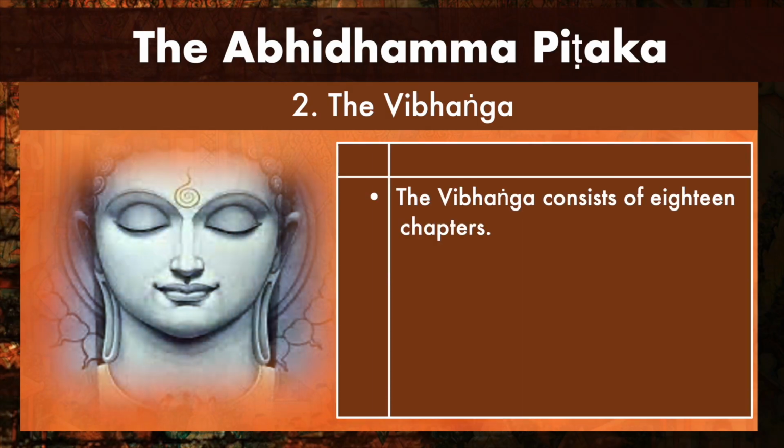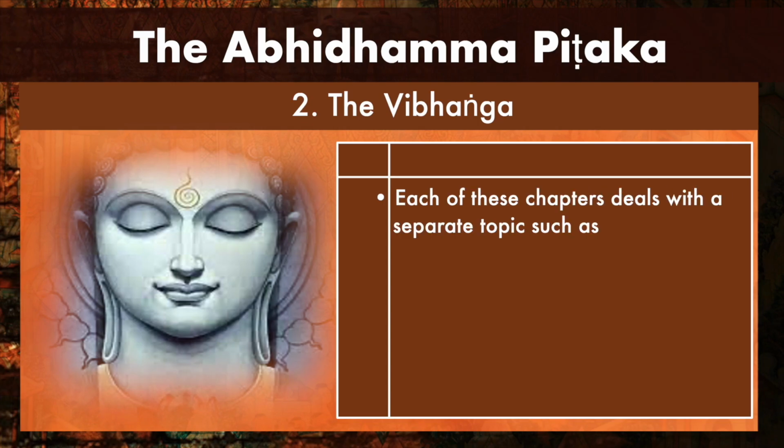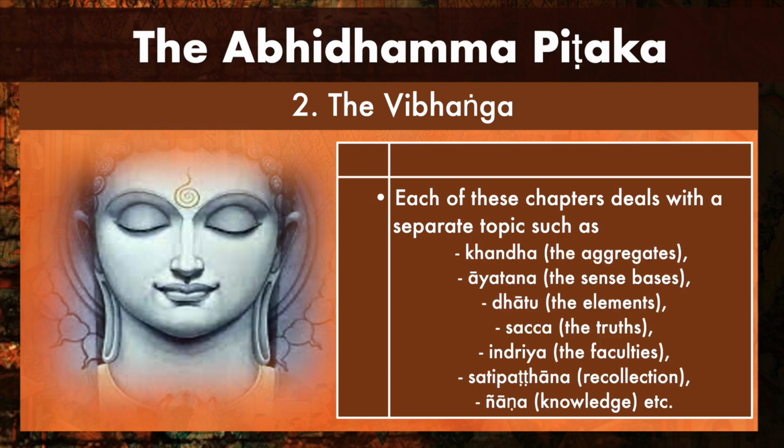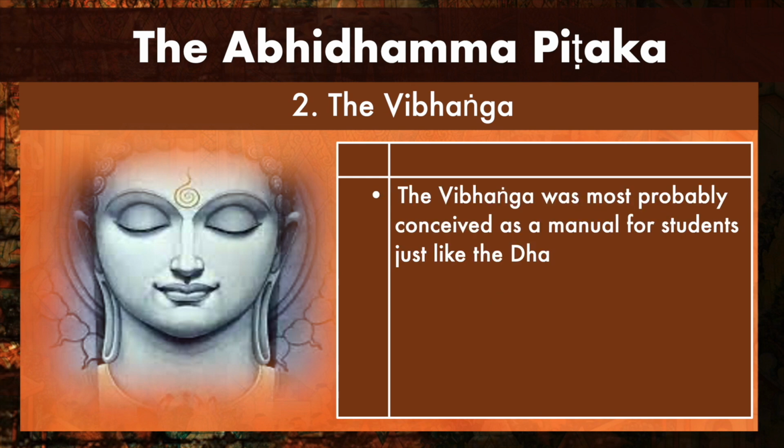The Vibhanga consists of 18 chapters. Each of these chapters deals with a separate topic such as Khandha, the aggregates, Ayatan, the sense bases, Dhatu, the elements, Sach, the truths, Indriya, the faculties, Satipatthana, recollection, Gyan, knowledge, etc. The Vibhanga was most probably conceived as a manual for students, just like the Dhammasangani.